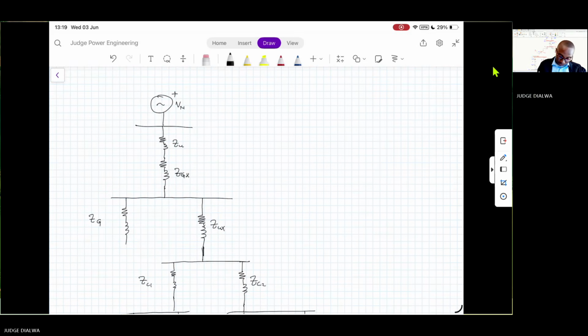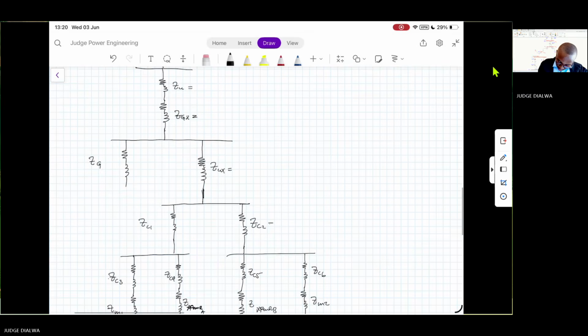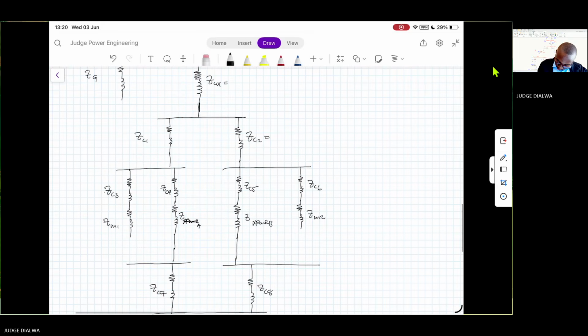Right. So then we can insert those figures.